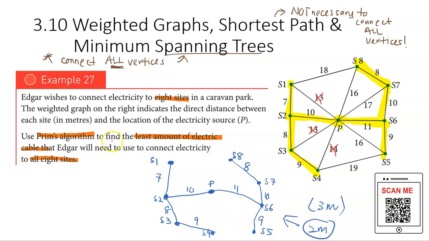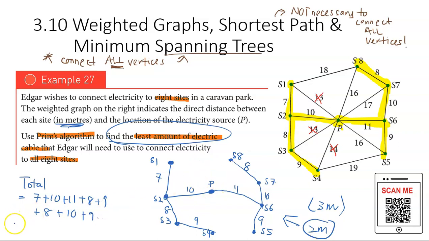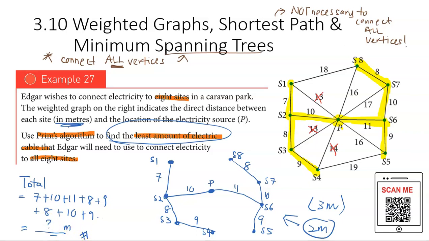Plus 1 more mark is because the question asks you to find the least amount of electric cable, meaning in meters over here. So you just have to find the total. Sum up together 7 plus 10 plus 11 plus 8 plus 9 plus 8 plus 10 plus 9. Again, you look at the diagram and add up all the values. Okay, so you get the answer over here.